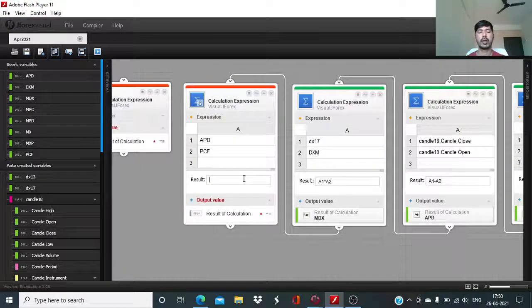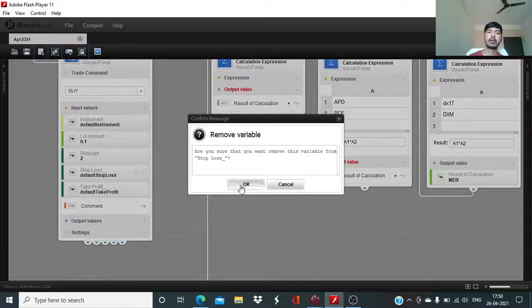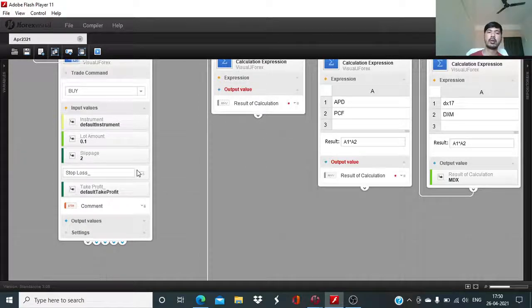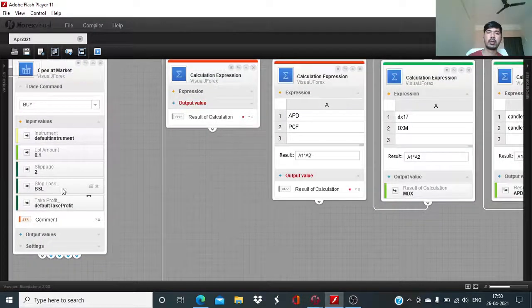This is going to be A1 into A2. This is going to be buy side stop loss, and its value will be result of this calculation.